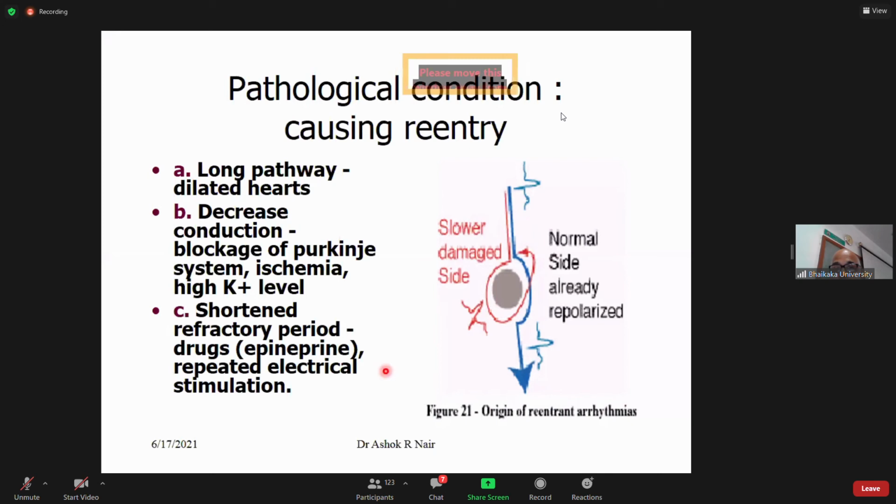You have your cardiac action potential like this. The peak of the T wave is a vulnerable point. Some regions of the cardiac muscle are depolarized, some are repolarized. At that point, if you have a stimulus, a re-entry phenomenon can occur.